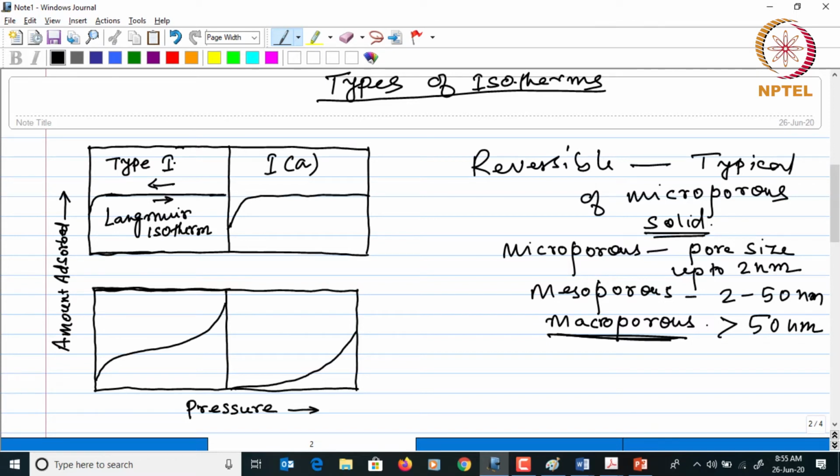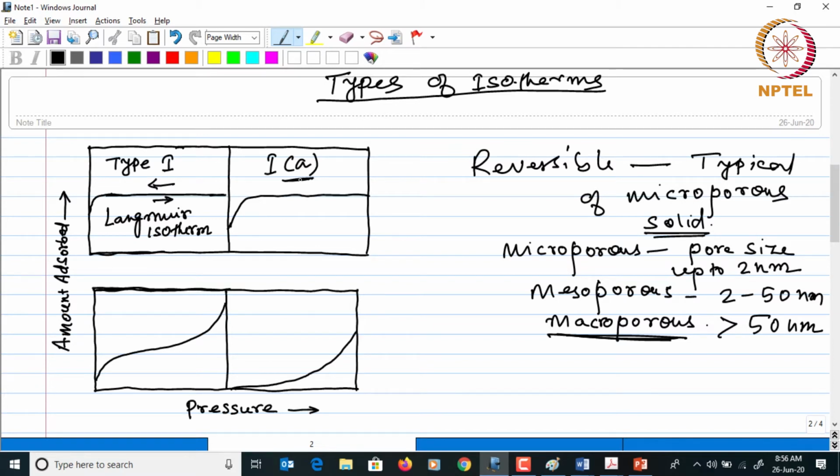So the first type, that means type 1, is typical for materials with pore width around 1 nanometer, and this 1A is for materials where the micropores are wider and they also have narrow mesopores less than about 2.5 nanometers. Okay, so depending again on the size of the pore or the width of the pore, the type 1 can be of two types.